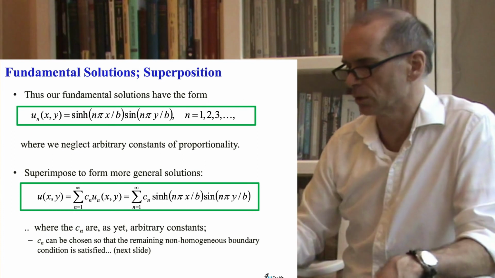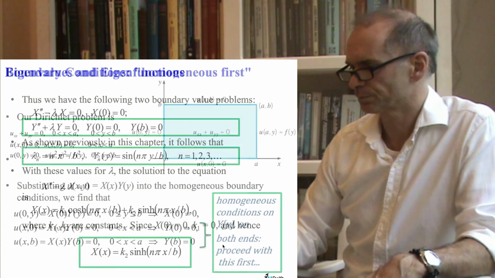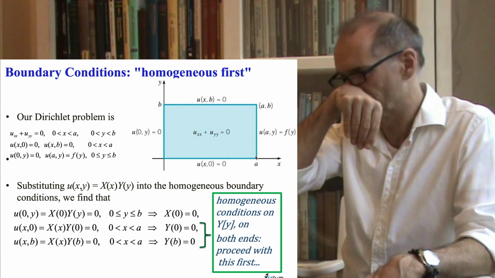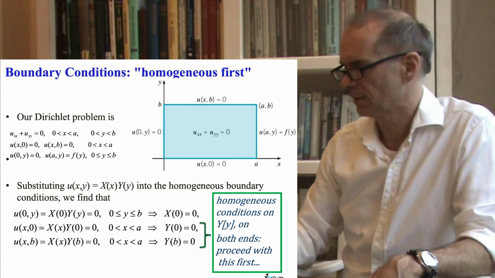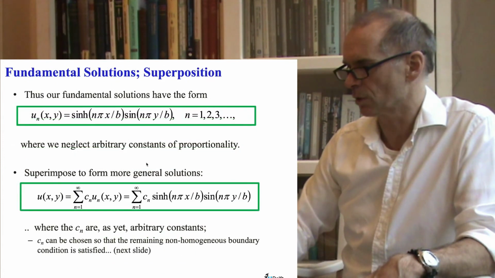So the remaining non-homogeneous boundary condition, over here at the fourth wall of the boundary, can be met by adjusting the coefficients.